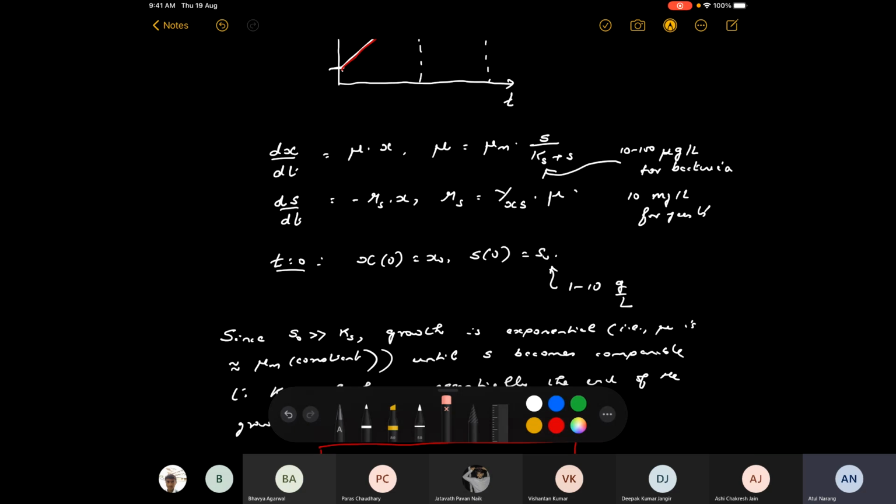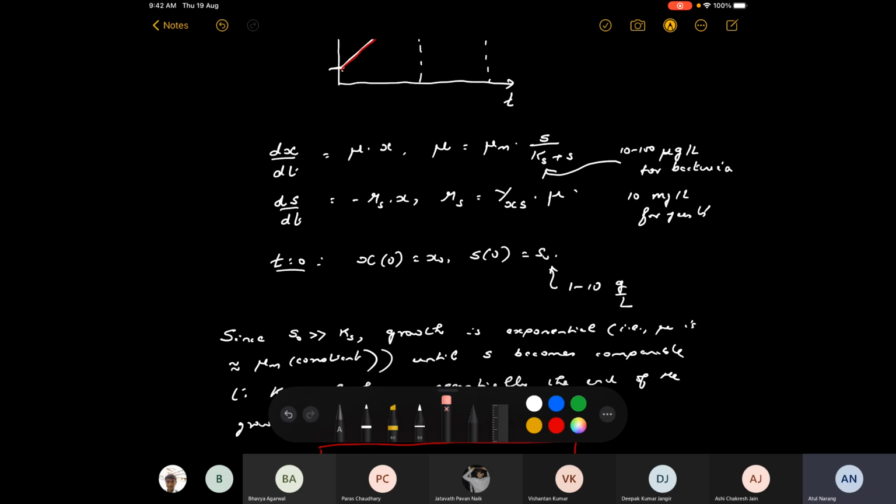And then I went on to tell you that initially the substrate concentration is very, very high compared to the saturation constant Ks. In fact, it's orders of magnitude higher, since Ks is on the order of 10 micrograms per liter to 10 milligrams per liter, whereas S0 is on the order of 1 to 10 grams per liter.